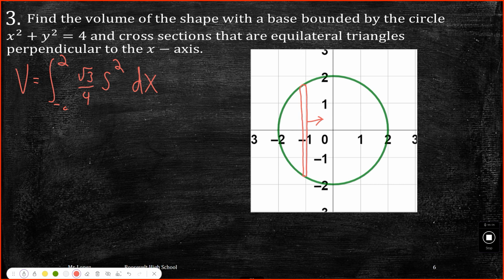Is that really the formula? Is this what they call s? Yeah. Okay.